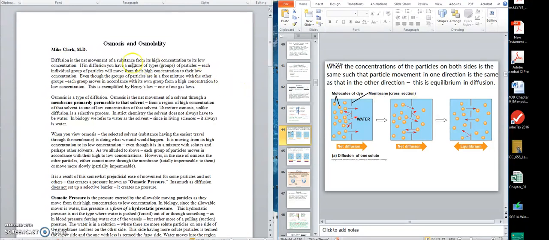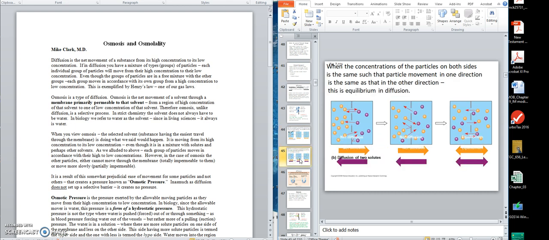Why? Because if diffusion is a net movement, you no longer have a net, because subtracting one from the other equals 0. But the particles will keep moving, looking at their own kind until they reach equilibrium. Okay, that's diffusion. Both sides, one direction, this is equilibrium.